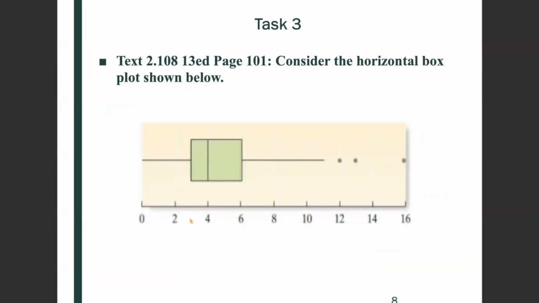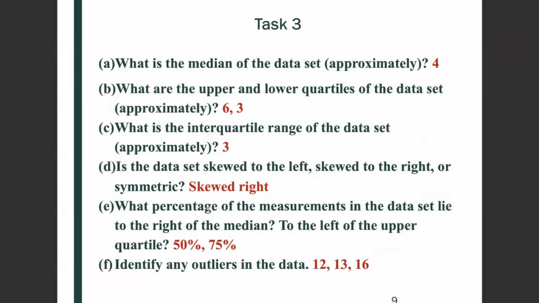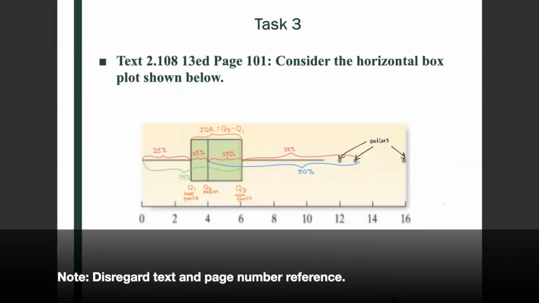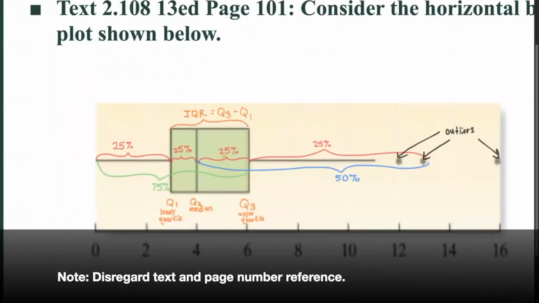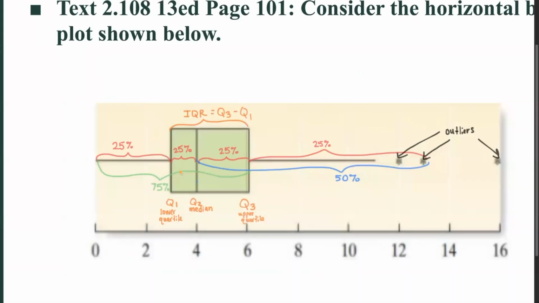Consider the horizontal box plot shown below. So now we want to find the median, the upper and lower quartiles, the interquartile range, and whether it's skewed, and we'll come back for these. So what I first did was I started labeling the parts of the box plot.